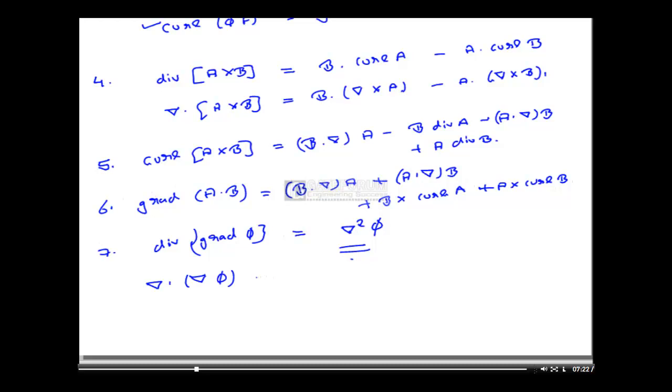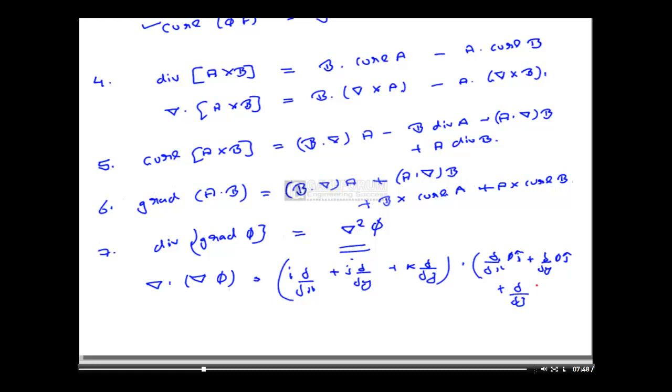For del, I can write i del by del x plus j del by del y plus k del by del z, dotted with del phi by del x i cap plus del phi by del y j cap plus del phi by del z k cap.